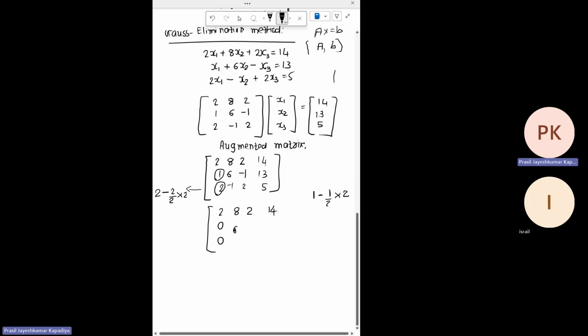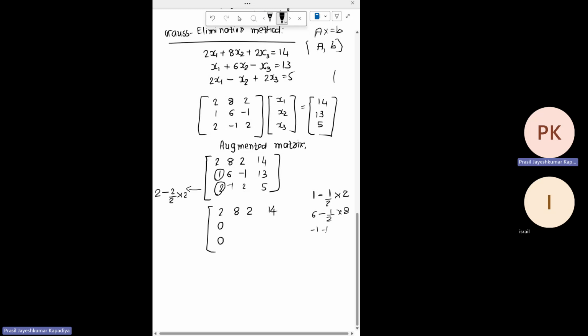Here also we need to change. So here it will be 6 minus 1 by 2 into 8, sorry, 6 minus 1 by 2 into 8, and here it will be minus 1.